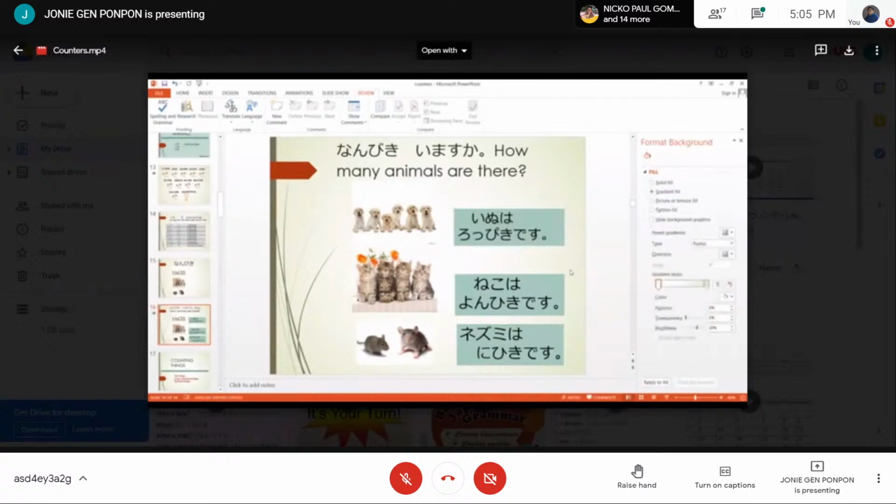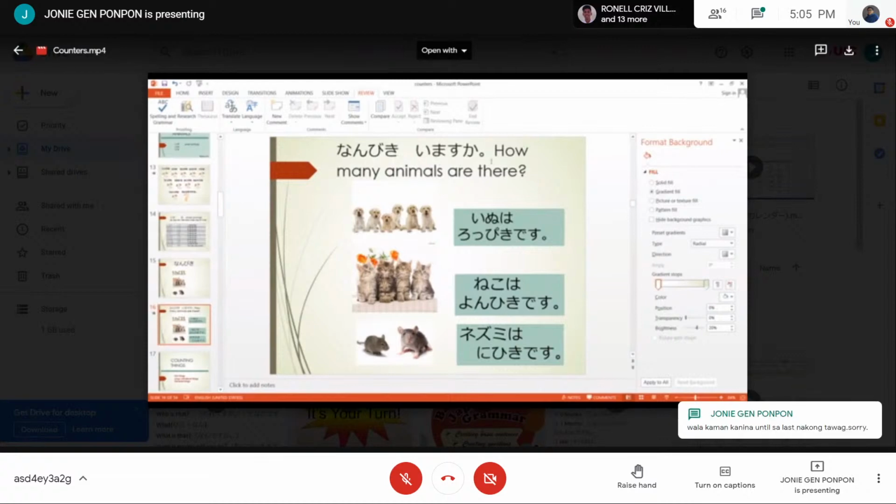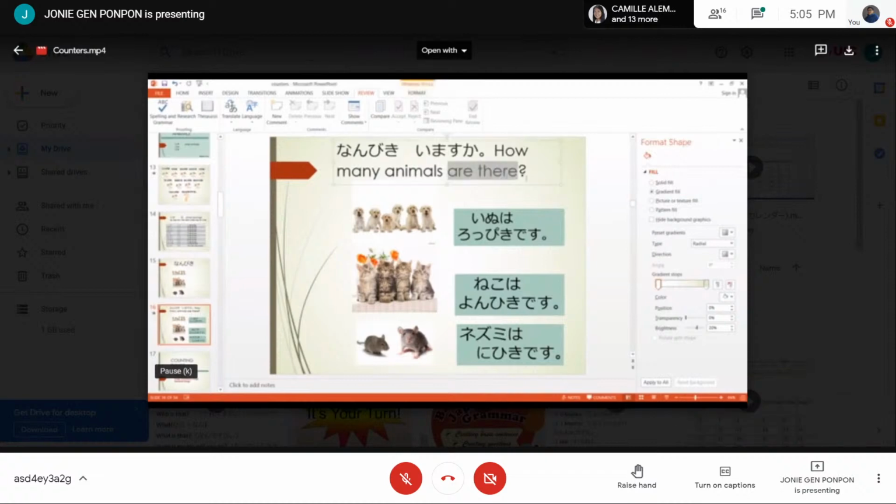Nanbiki imasu ka or nanbiki desu ka? If you say nanbiki desu ka, it will mean in English how many animals, without the 'are there'.